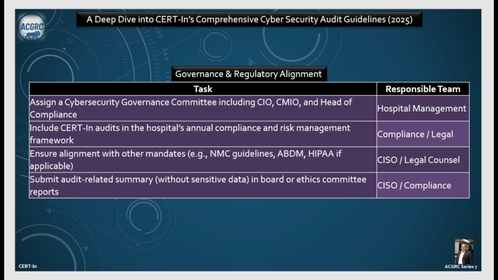This is where your CISO and your legal counsel will play the role. Step 4 is to submit an audit-related summary in the board or ethics committee report. This will be driven by the CISO and compliance heads.